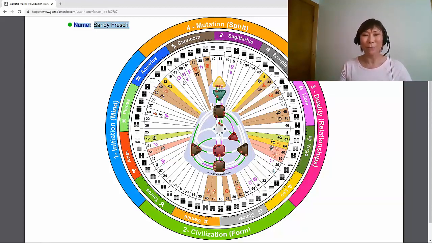There are other ways of interpreting what the sun energy is when we're looking at transits, but that's a simplified way of understanding that when the sun moves through a gate, it's shining light on that gate. Let's look at this in terms of how we track the transits around the mandala.